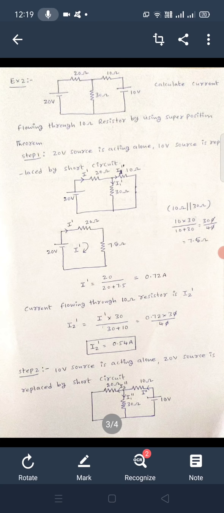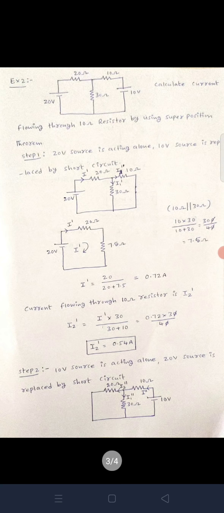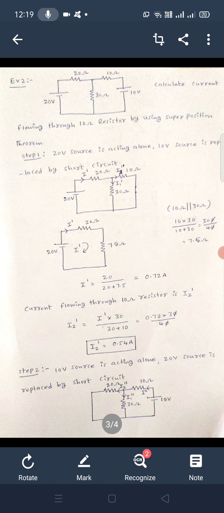Here in the second case I again have to calculate current flowing through the 10 ohm resistor. To calculate the total current, first I have to calculate the equivalent resistance on the source side, which is my right side. To do that I have to proceed from the opposite end, that is from my left side.